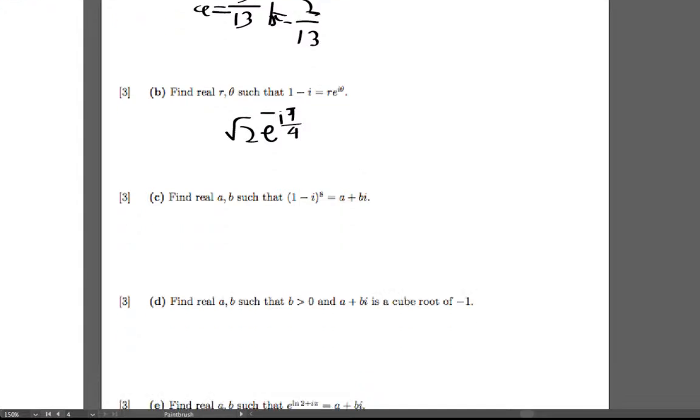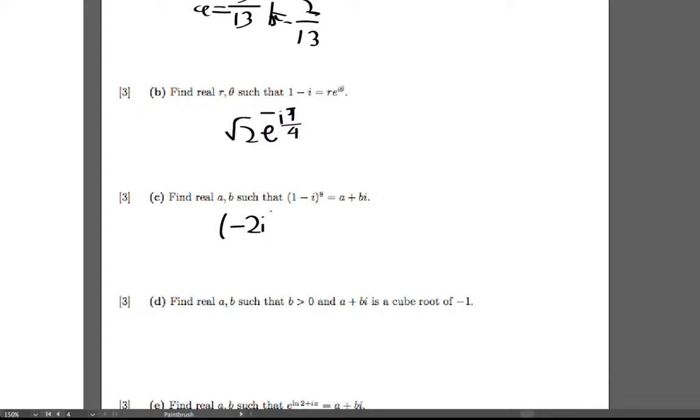Okay, part c. Find real a and b such that 1 minus i to the power of 8 equals a plus bi. This is where I hate doing this, but oh well. Let's just do this. First, let's compute what 1 minus i squared is. It's 1 minus 1, that's 0, minus 2i.